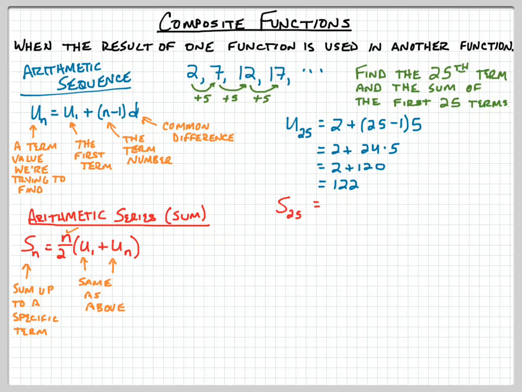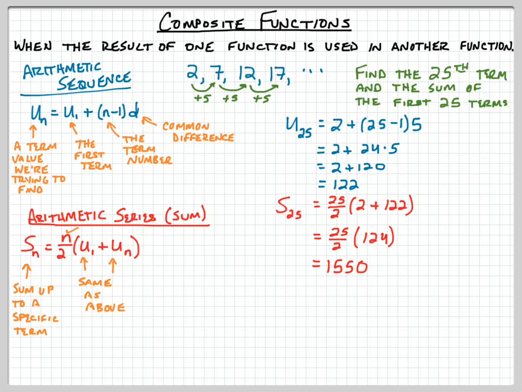S of 25, the sum of the first 25 terms, is going to be 25 over 2, n over 2, times u of 1, which is 2, plus u of n, which is 122. Again, just doing some basic arithmetic, 25 over 2 times 124 equals 1,550. So there we see that we use the value from the arithmetic sequence in the arithmetic series.